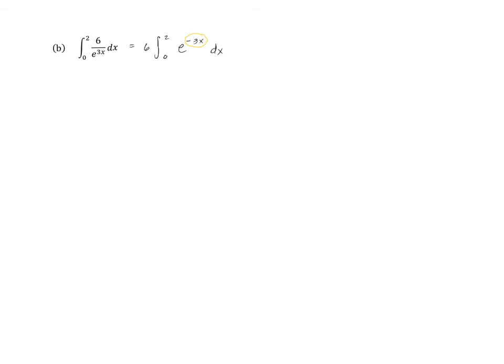So in this case, we're going to have to do a u substitution on the exponent, and we're going to let u equal negative 3x. So the derivative with respect to x is just negative 3. Or in other words, dx is equal to negative du over 3.